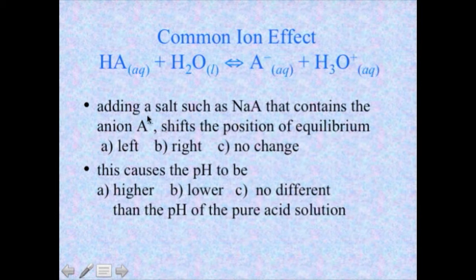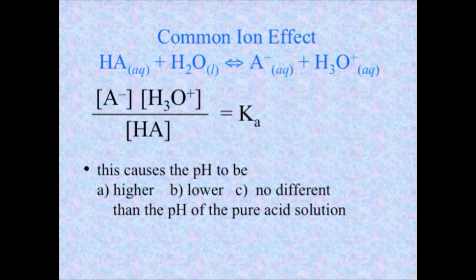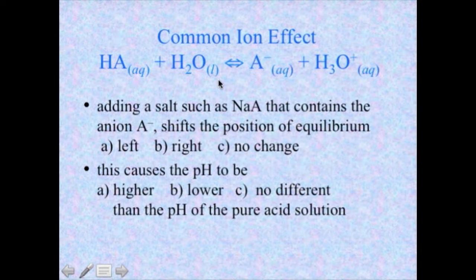Okay, so if we add the conjugate base in the form of a salt to the equilibrium, now if you envision our mass action equation, the numerator grows larger, the value of the mass action equation increases to a number greater than the equilibrium constant, and the system must respond by shifting in a way to bring down the value of the mass action equation.